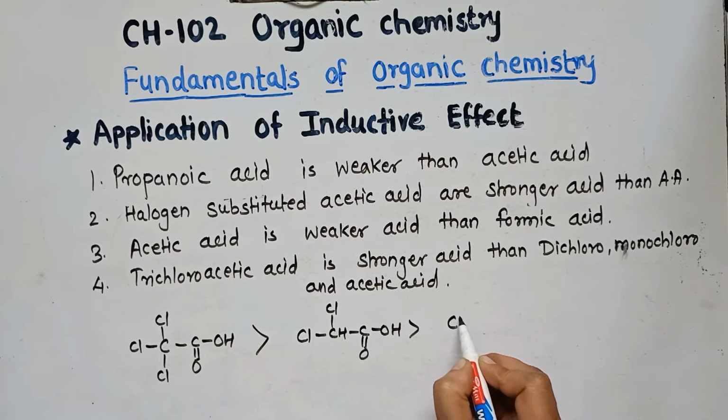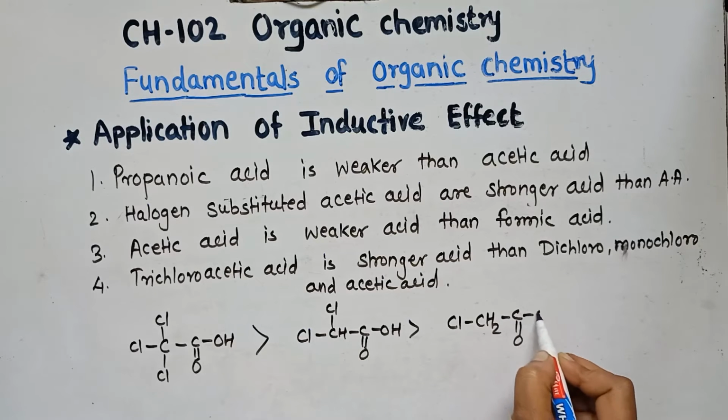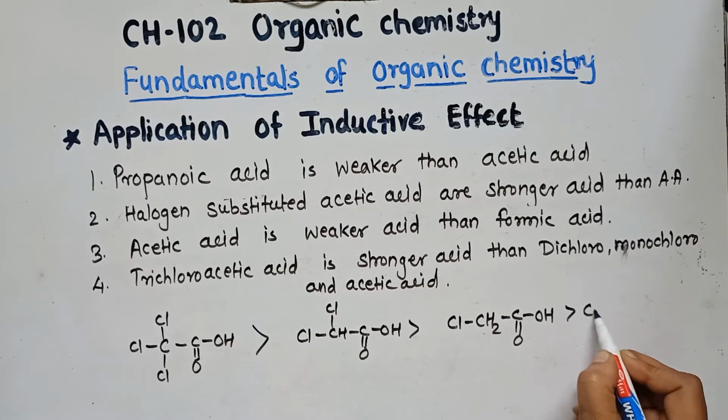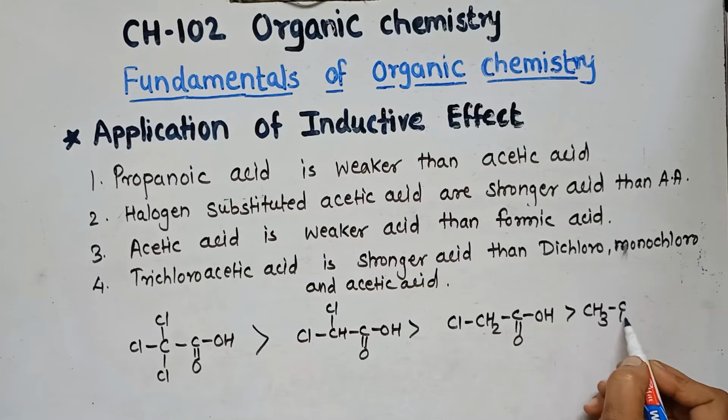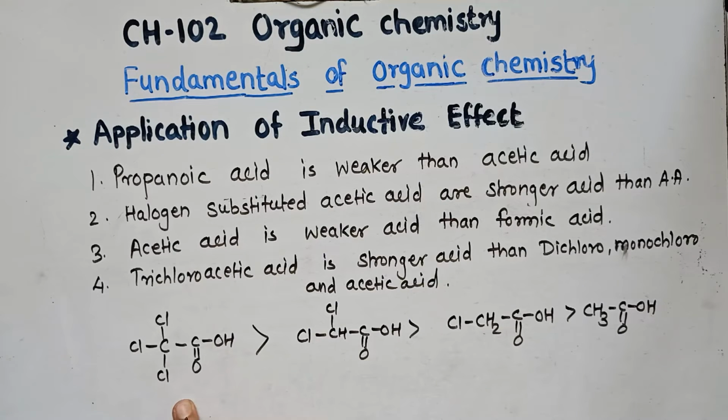Monochloro means 1 chlorine is attached to the carbon atom, and we know that the valency of carbon is 4, so the remaining valencies are satisfied by hydrogen. I am not going to write the names, you have to write them in your notebook: trichloroacetic acid, dichloroacetic acid, monochloroacetic acid, and this one is acetic acid. Our question is that this one is a stronger acid than the remaining ones.